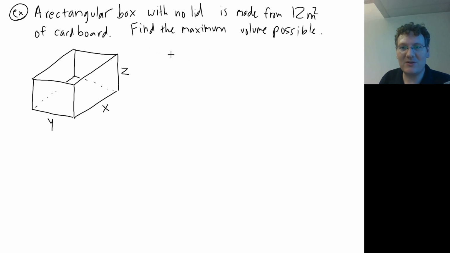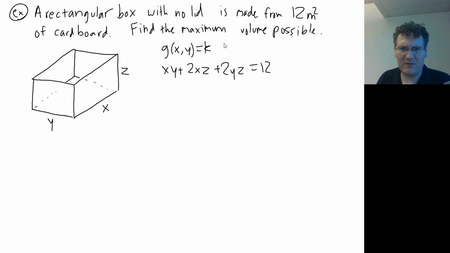So what we do is we find the restriction, which in our case is the function g of x, y, z equals k, the fact that the total surface area, xy plus 2xz plus 2yz, equals 12.